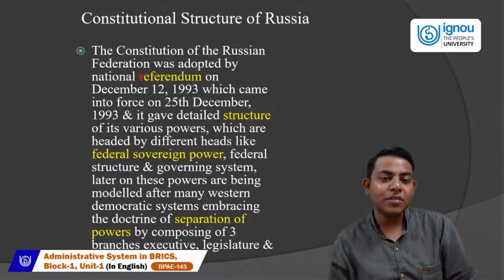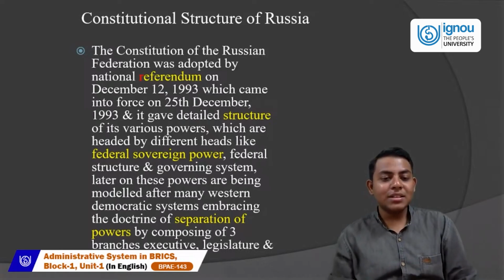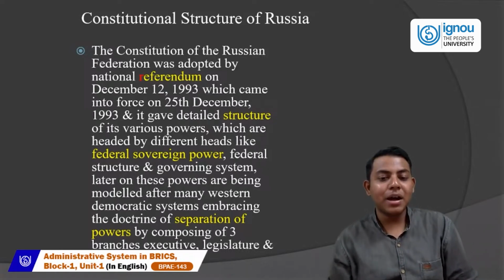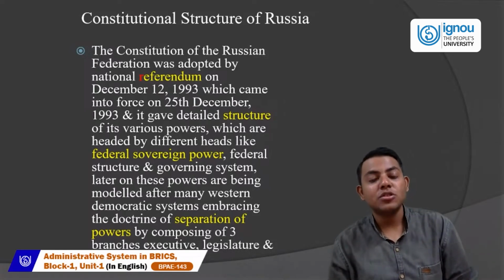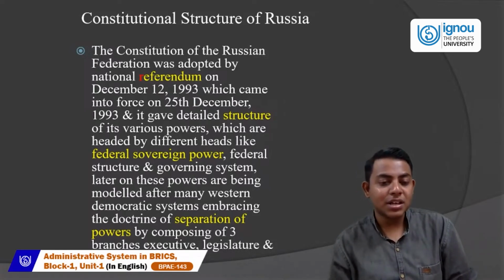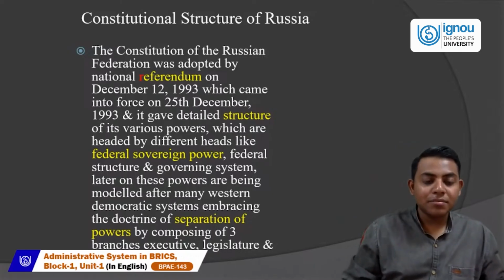The constitution of the Russian Federation was adopted by national referendum on 12th December 1993, and it came into force on 25th December 1993. This constitution gave a detailed structure of the various powers which are headed by different heads, like federal sovereign power, federal structure and governing system.